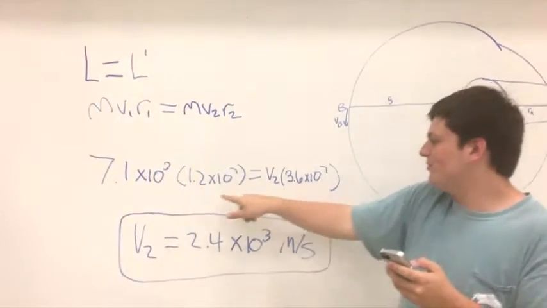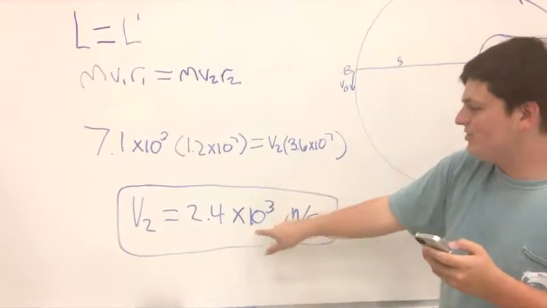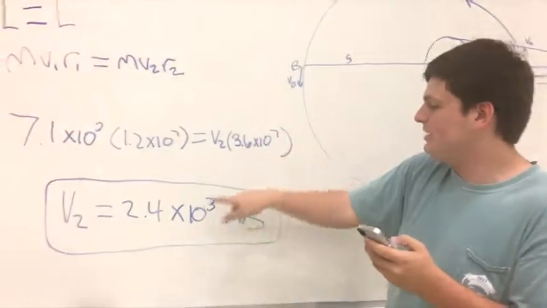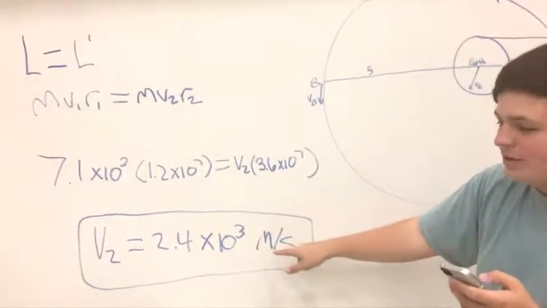Then you multiply and divide, which gives you the velocity of the spaceship at point B, which is 2.4 times 10 to the 3rd meters per second.